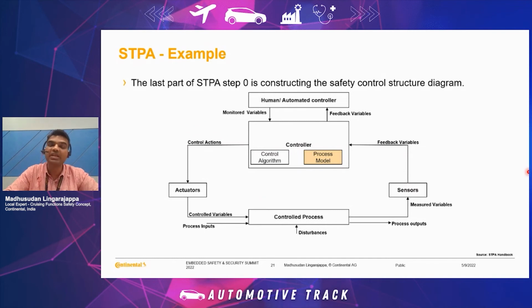There could be many other such control actions coming from the controller, the SAE level 2 system, or our human driver. They are the input for the controlled process, which has other external inputs from other processes as well.